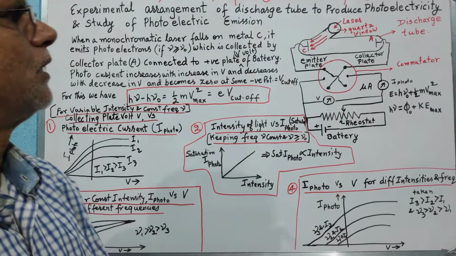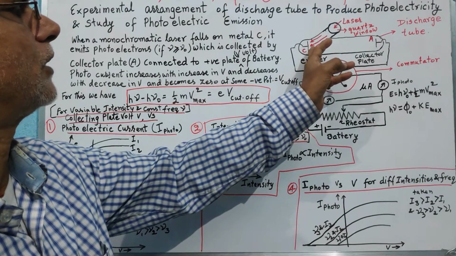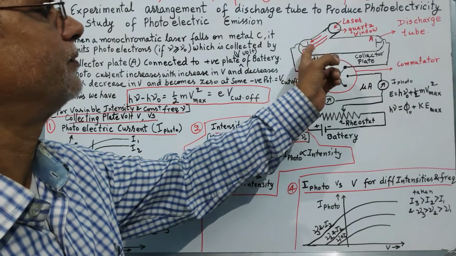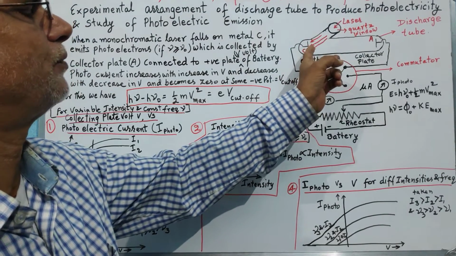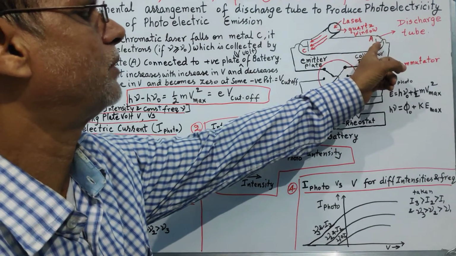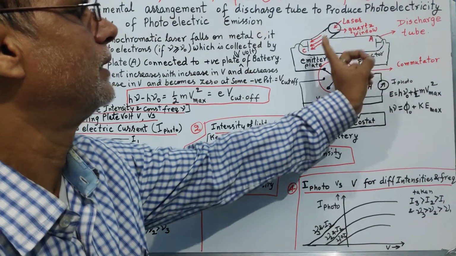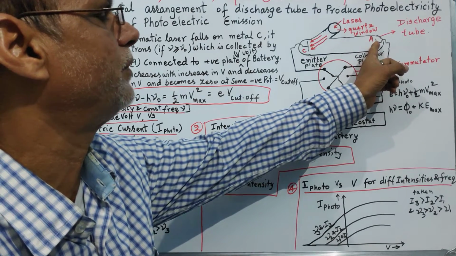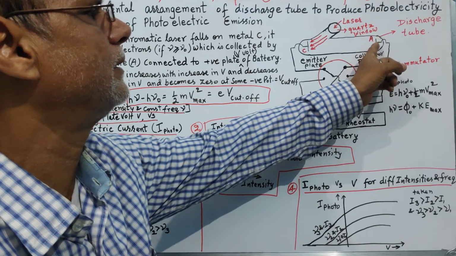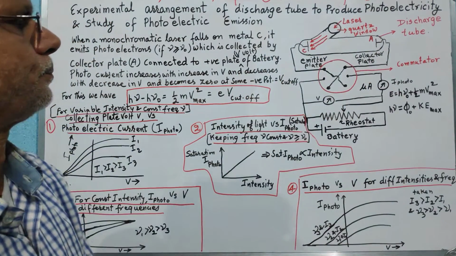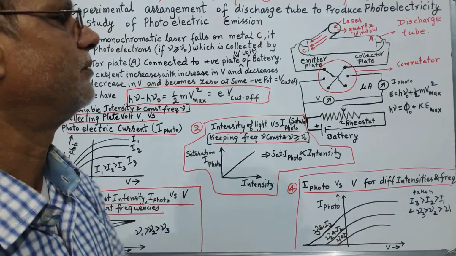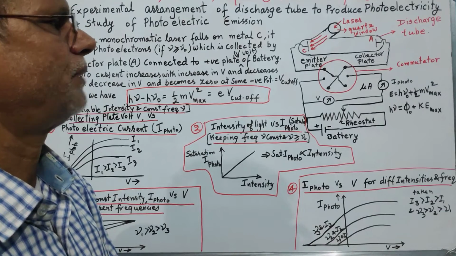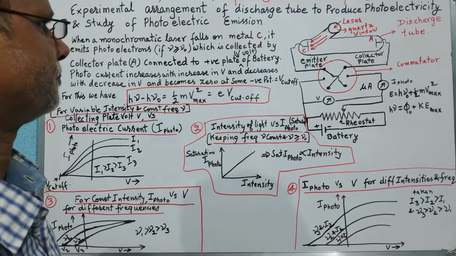Why does this happen? Because if the maximum kinetic energy of the photoelectrons emitted by the metal plate becomes equal to the potential energy at this point, those electrons are just able to reach the plate, and before touching it they are forced to return due to the negative potential of this plate. That potential for which no current flows through the collector plate is known as the cutoff voltage.